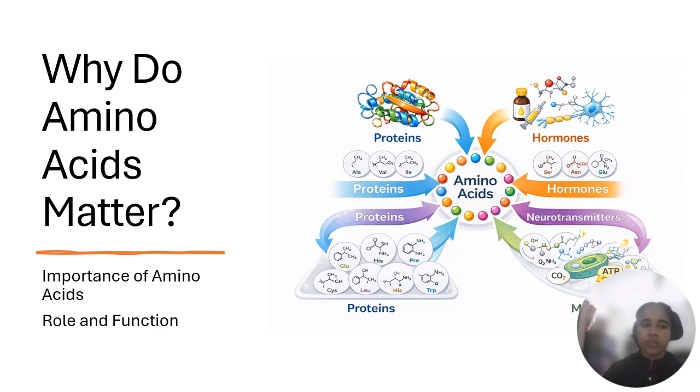For example, many signaling molecules in your body originate from amino acids. They also form neurotransmitters, which help brain cells to communicate and control thoughts, mood, and memory. In addition, amino acids contribute to metabolites, energy production, and biosynthesis pathways. So from muscles to hormones to brain signals, amino acids are everywhere. That's why amino acids are one of the most fundamental molecules of life.